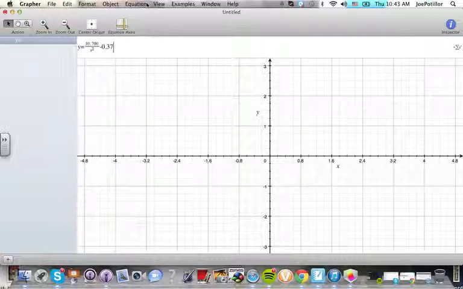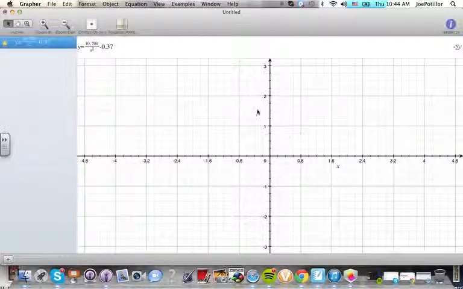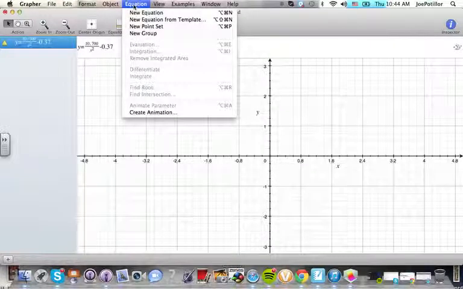Graph comes out like that. Now we need to adjust the scale. So I need to adjust the scale on the graph so that we can see it.